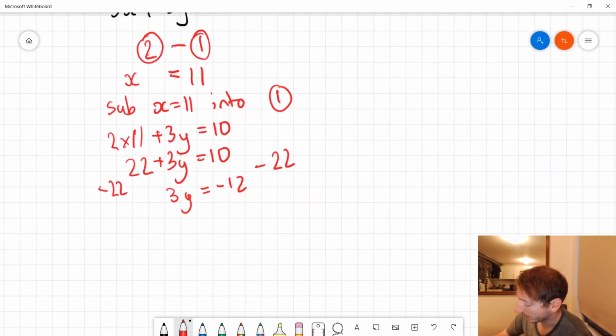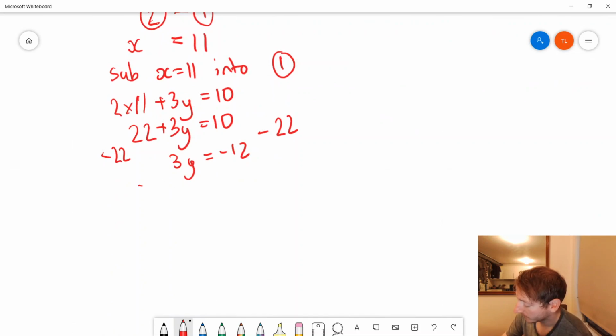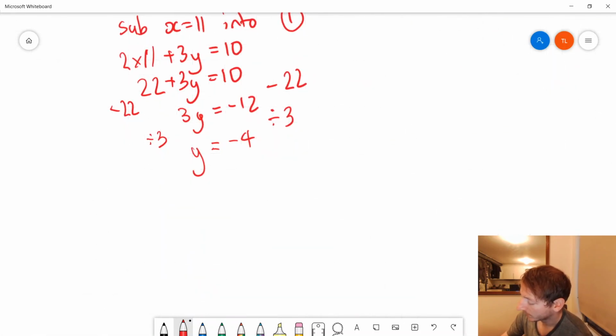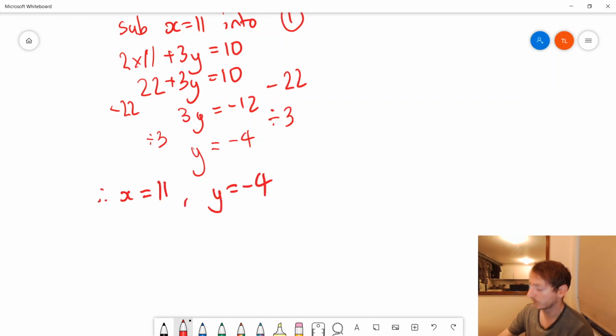And then, look at that, we got whole numbers anyway. Divide by 3, divide by 3, y equals -4. Alright, so therefore x equals 11, y equals -4 is our solution.